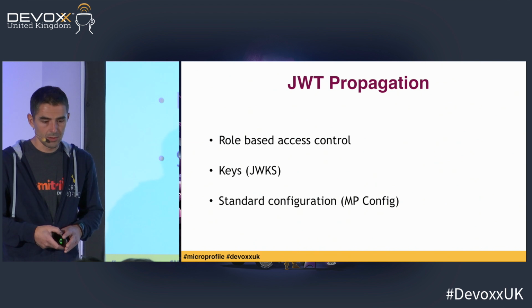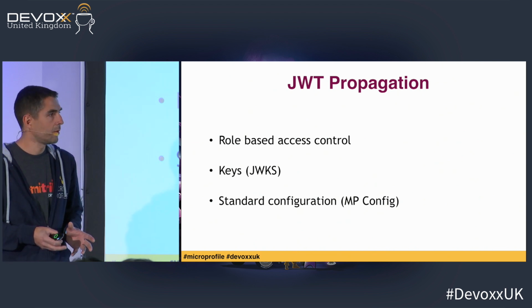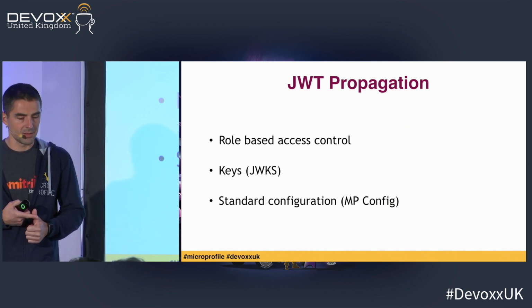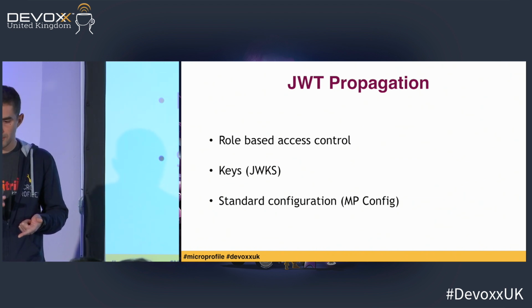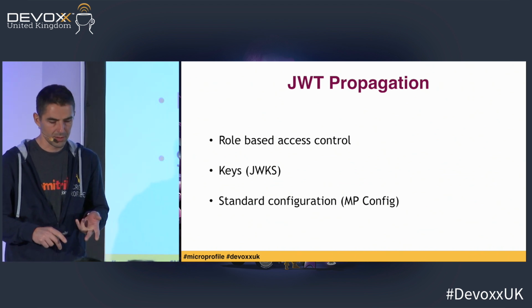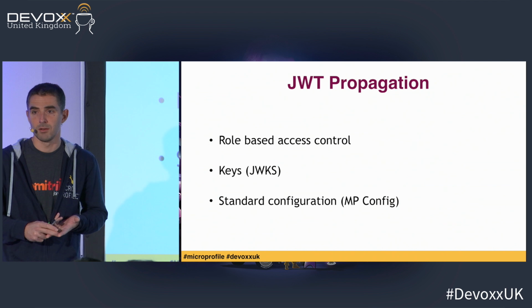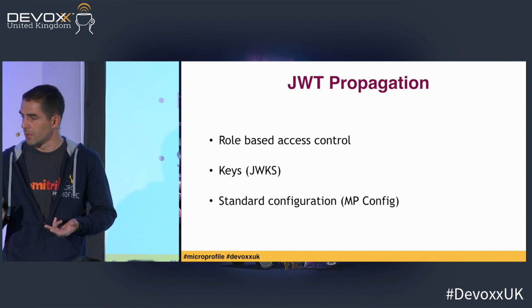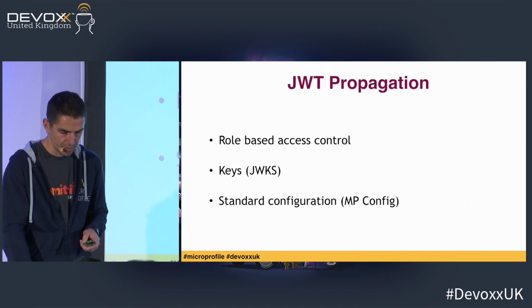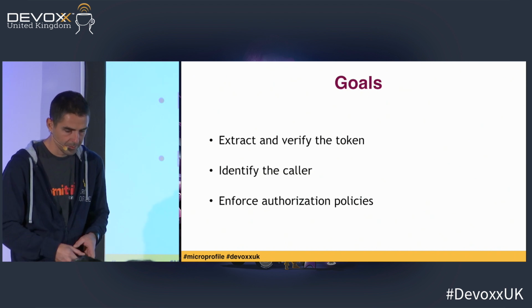So in terms of JWT, with the MicroProfile specifications we've got everything to do role-based access control. We support keys with the JSON format, and obviously all the configuration is available with MicroProfile Config that Roberto showed us earlier in the presentation.